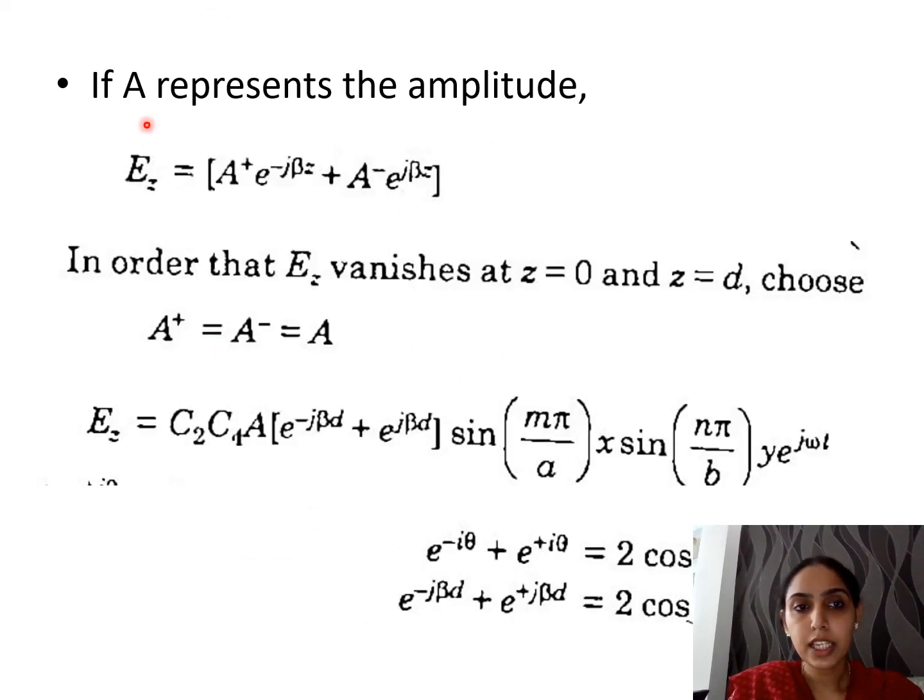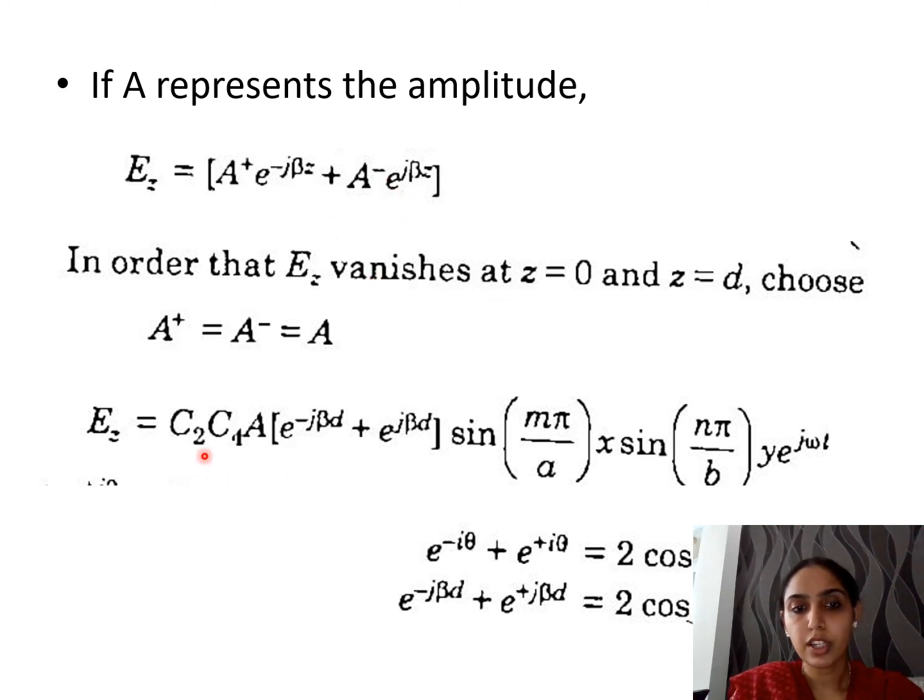Now, if capital A is representing the amplitude of the wave traveling in the z direction, we can modify the Ez to be A plus e raised to minus j beta z plus A minus e raised to j beta z. If you assume the symmetry and Ez vanishes at z is equal to 0 and z is equal to d, we can choose this envelope amplitude A plus to be equal to A minus.